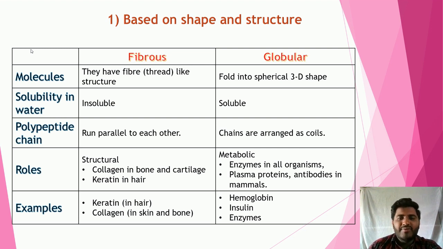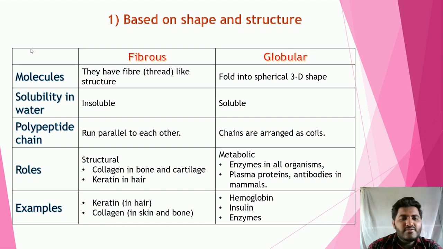In fibrous proteins, they have a fiber, that means a thread like structure. But in globular proteins they fold into a spherical 3D shape, they are just folded.